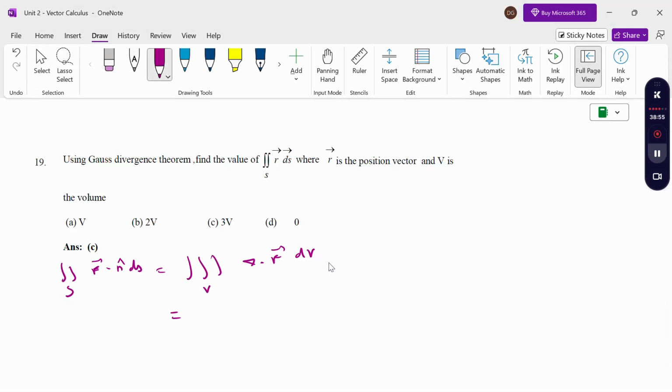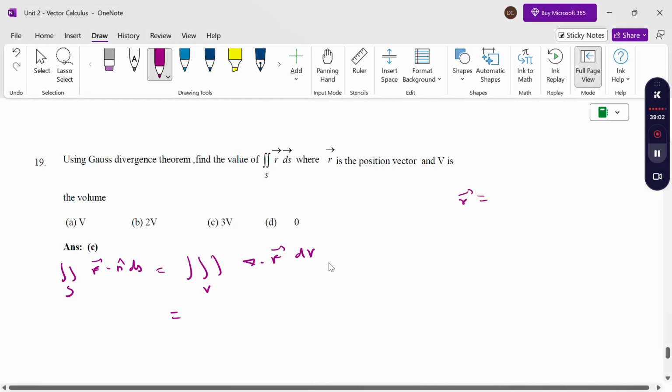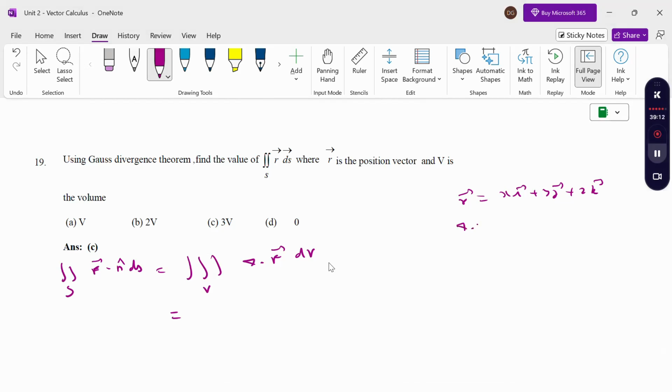Here the vector is r vector equal to x i vector, y j vector, z k vector, and then del dot r vector, because r is only given, del dot r vector, not F vector. Okay, this is r vector.